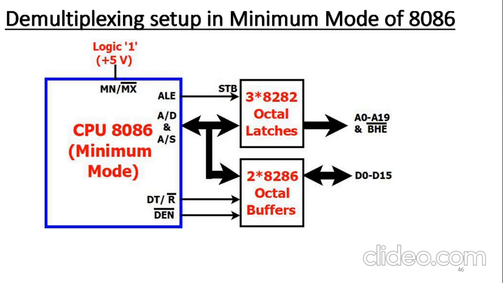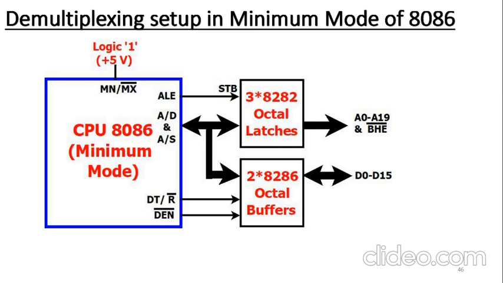Then on the right side, octal latches are shown at the top, 2 multiplied by 8282 octal latches, to which the multiplexed address data and address status lines are directly connected, and the ALE signal is also directly connected to the strobe input line. These latches will be enabled only during the T1 state. Why? Because the ALE pulse is present only during the T1 state.